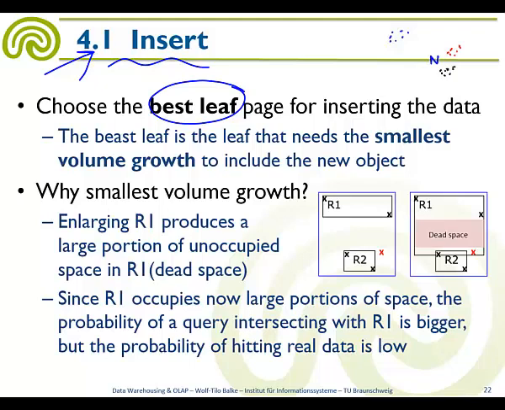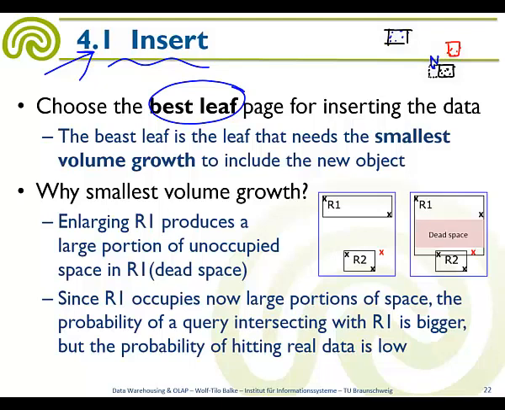And since you want to group the points closer to each other, since you have this notion of the minimum bounding rectangle, this minimum bounding rectangle over here, and this one over here, and this one over here, you always want to include this point in the cluster where the rectangle will grow as small as possible to include this point.